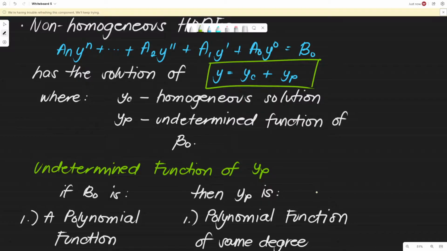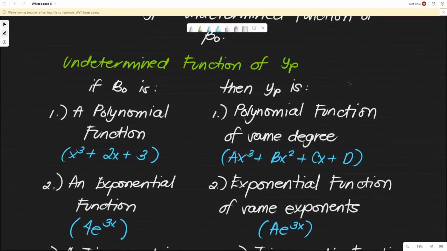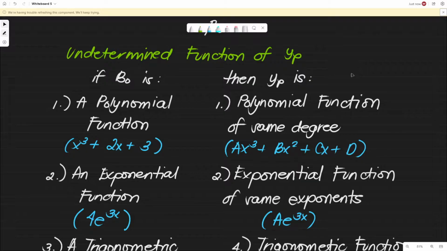We have here a guide for the undetermined function of yp. If the right side, b sub 0, is a certain form, then yp is the corresponding form. First, if our b sub 0 is a polynomial function, for example x cubed plus 2x plus 3, you will have your yp as the polynomial function of the same degree. Ano yung same degree na tinutukoy natin dito?